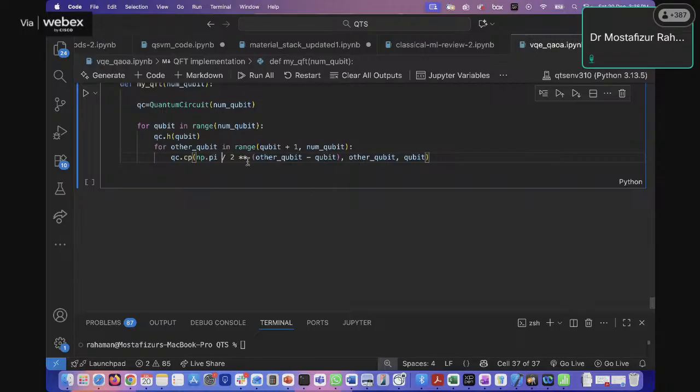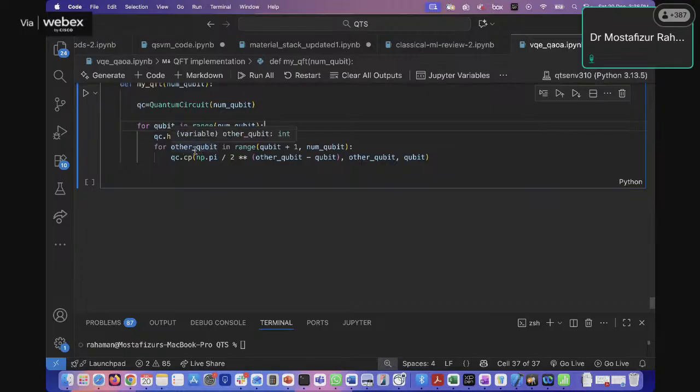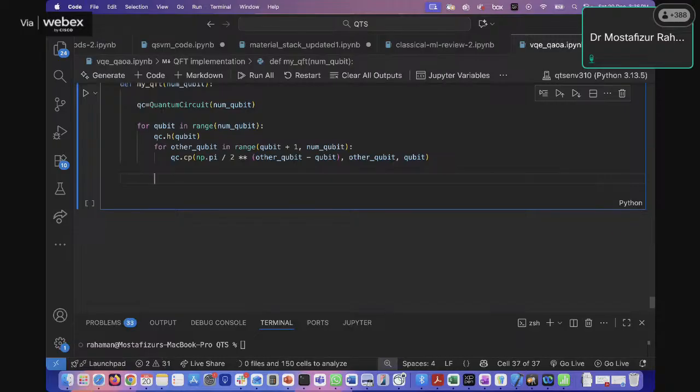If you first apply a Hadamard, there is another set of qubits where this phase gate will be sequentially added. Then I have to do num qubit.